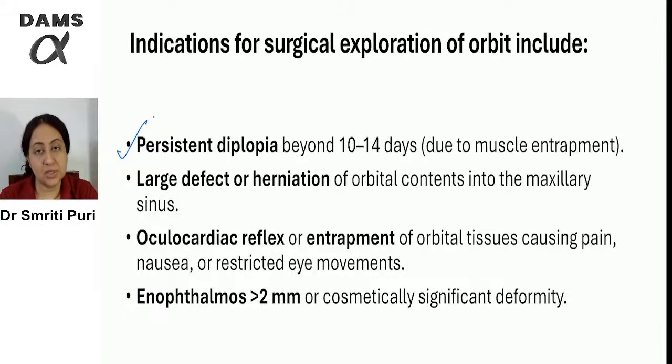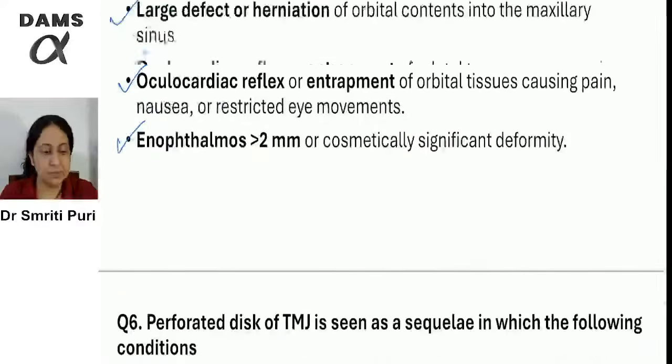Then, large defect or herniation of orbital contents into the maxillary sinus, oculocardiac reflex or entrapment of orbital tissues causing pain, nausea or restricted eye movements, and enophthalmos of more than 2 mm or cosmetically significant deformity. So enophthalmos of 2 mm or below is not a surgical indication for orbital floor exploration.